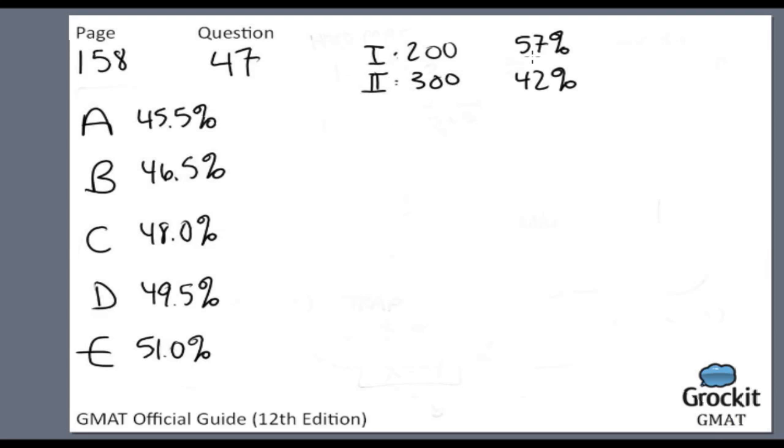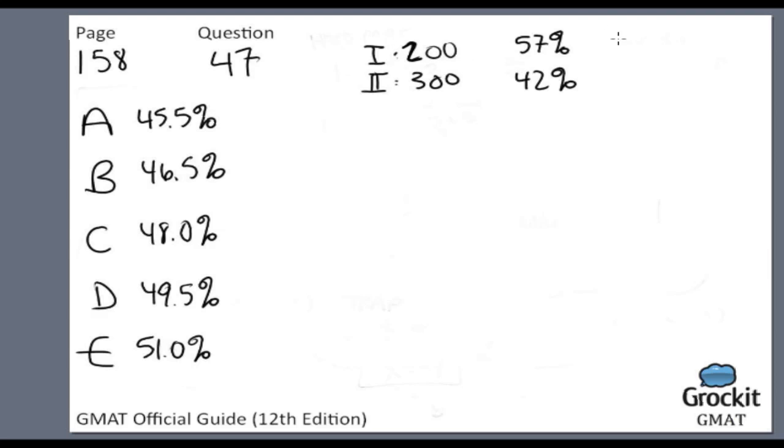One of the ways you can cheat, if this isn't obvious, I'm going to mention it to you. It's not really cheating, but it makes the math a little bit easier. When you're given percents of numbers that come out to be even hundreds, you can decide, well, 57% of 100 is 57. That's the definition of a percent. So if 57% of 100 is 57, you would just double that for 57% of 200.